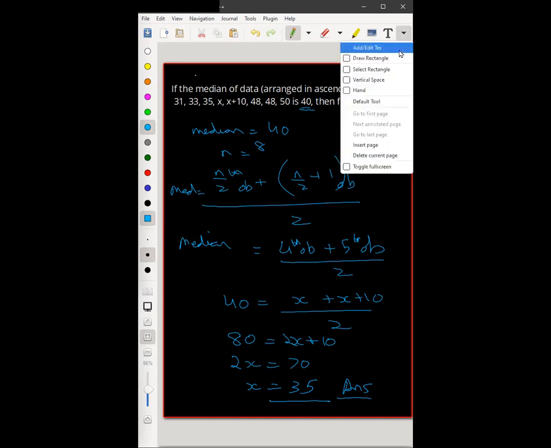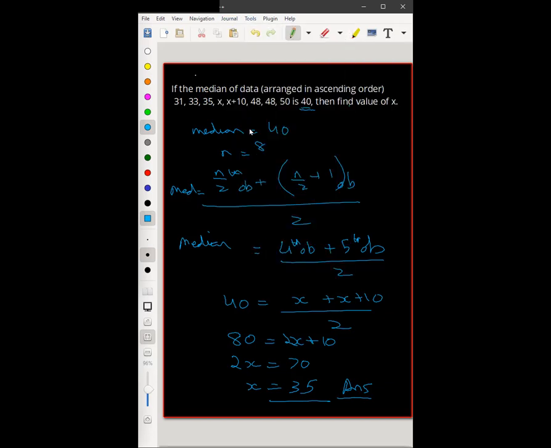Anyone has a doubt in this question still? Quickly copy this. Sir, this type of question will come for how many marks? These type of questions will be maximum two or 3 marks.